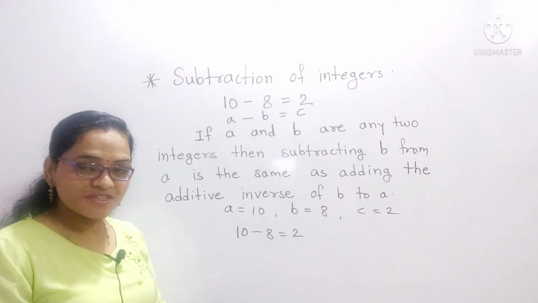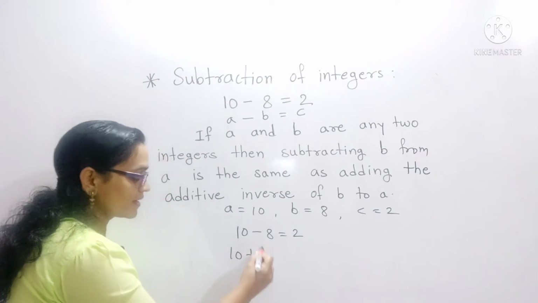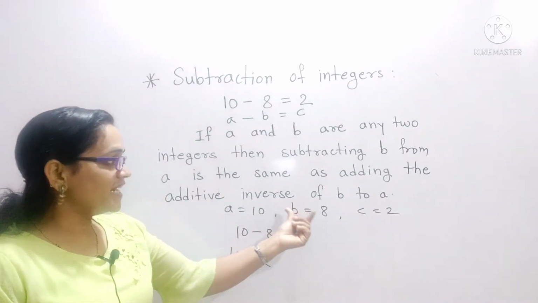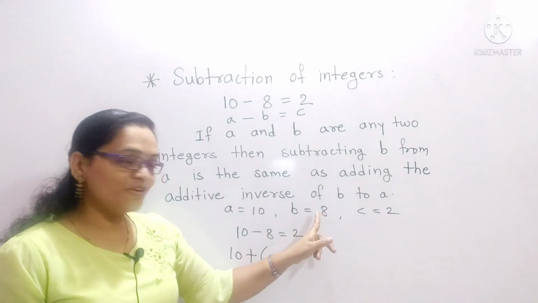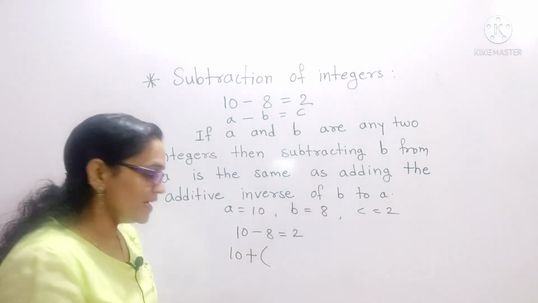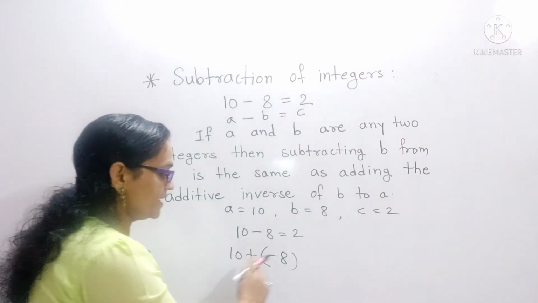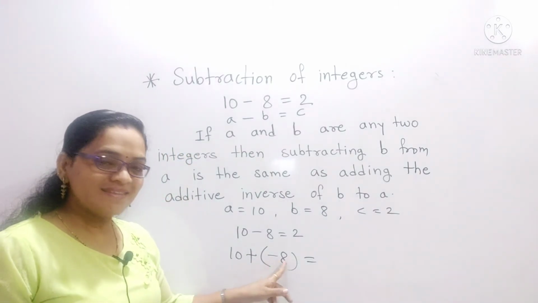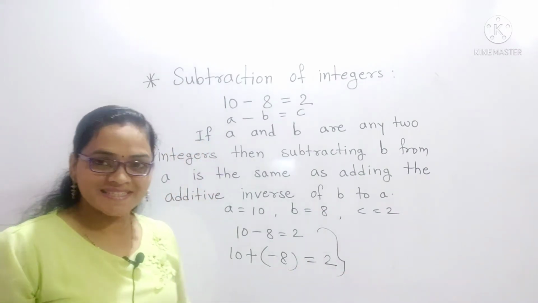Then suppose we are adding, what do we have to add here? The additive inverse of B, which is minus 8, because B is equal to 8. Then what is the difference here? 10 plus minus 8, again the difference is 2. Means these two are the same.